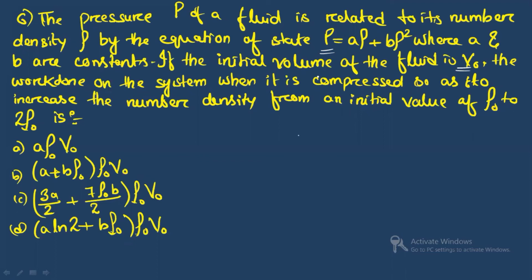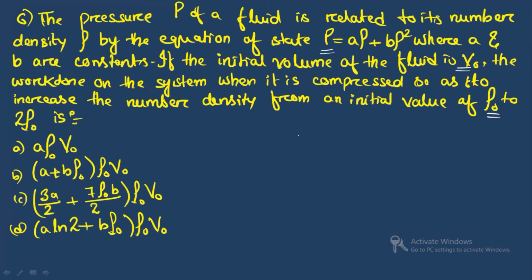We have to find the work done on the system when it is compressed so as to increase the number density from an initial value rho naught to 2 rho naught. So you have to calculate the amount of work done when the fluid is compressed so that its initial number density rho naught is increased to twice rho naught. And this is the equation relating the pressure and the density.